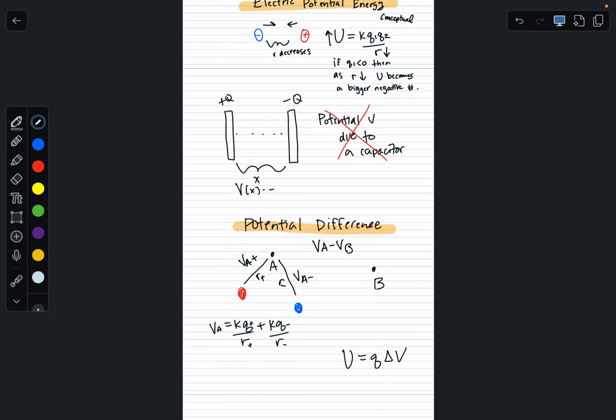We can now use the parallel plate capacitor to define electric field. Electric field is a change in potential over a distance, and you can know that from the units.